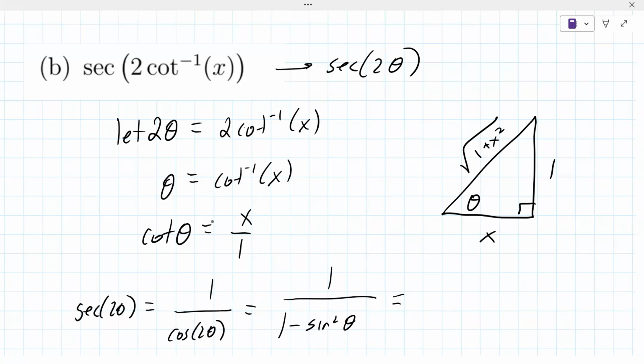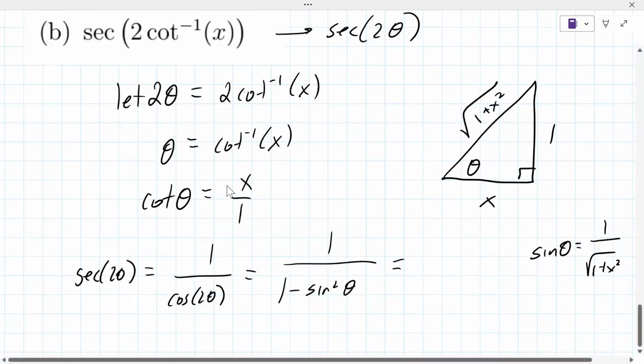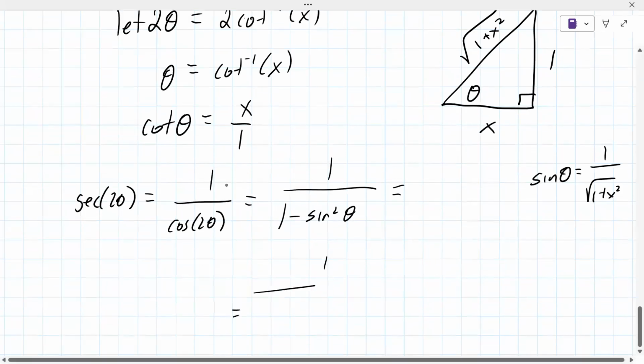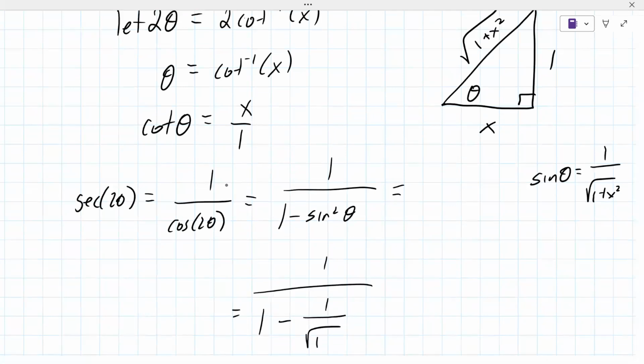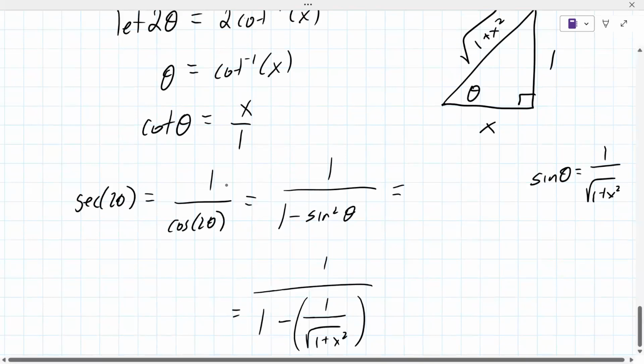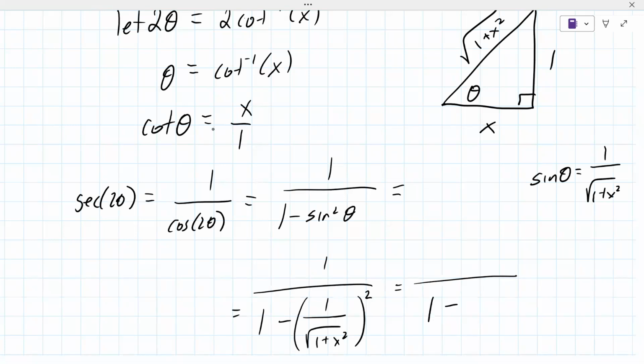So sine of theta, we have to find somewhere. Sine of theta is opposite over hypotenuse, 1 over square root 1 plus x squared. So this becomes 1 over 1 minus 1 over square root 1 plus x squared, all squared. And now it's just an algebra problem. It's just a nasty, horrible, simplifying thing.